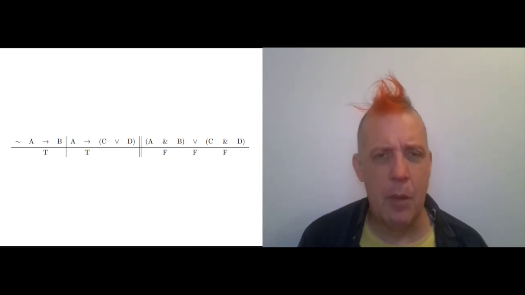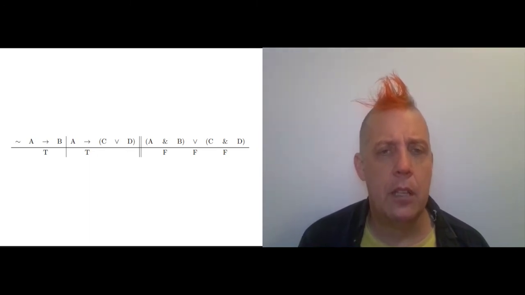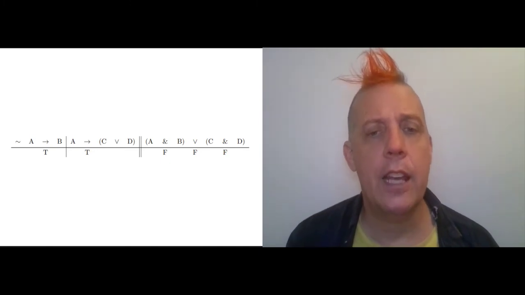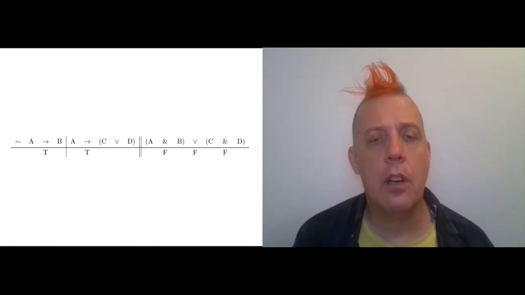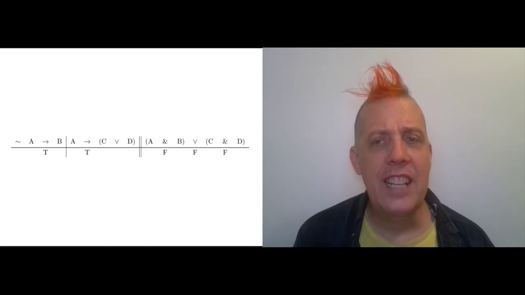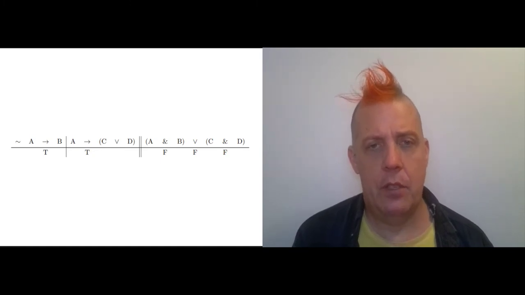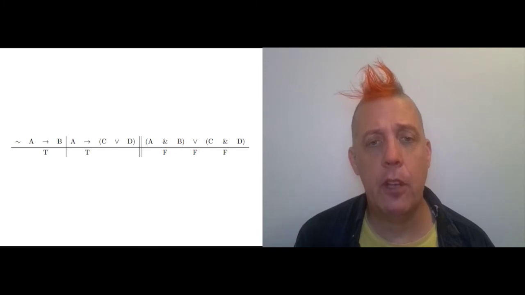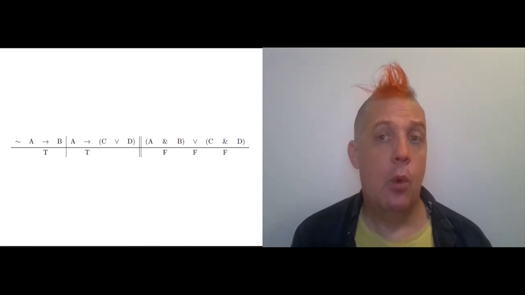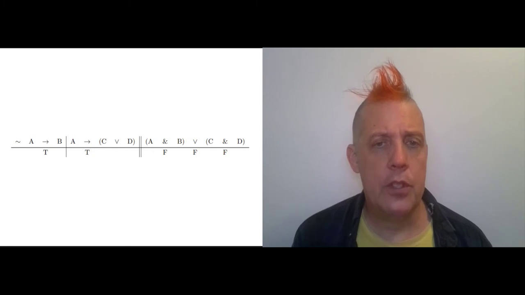a kind of dilemma, because look at the sentence A and B. We know that's false. Now look at the truth table for the and. We know that there are actually three separate ways that A and B could be false. A could be false, B could be false, or they both could be false.